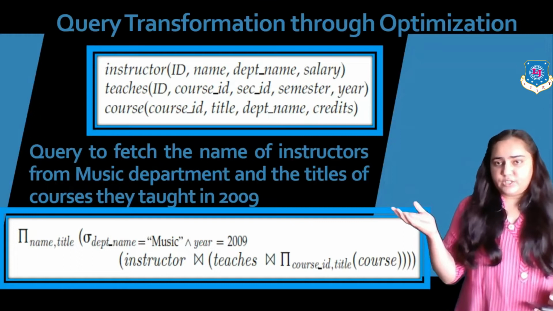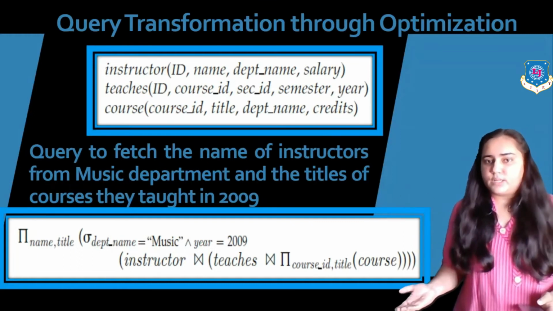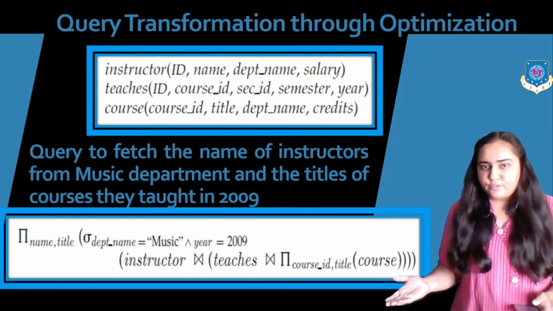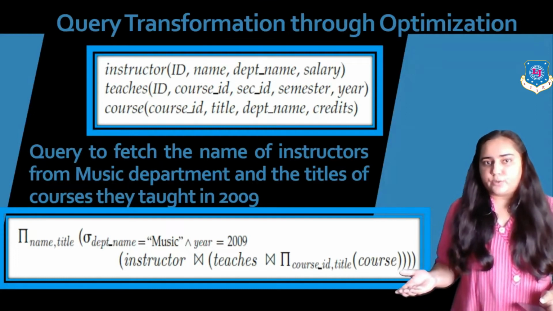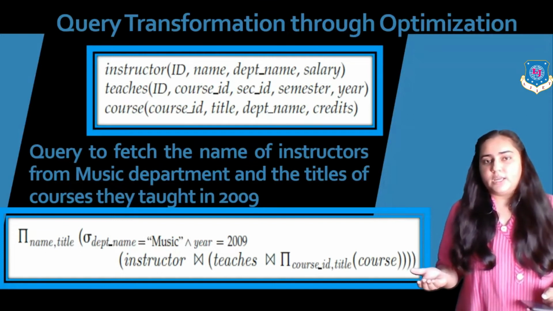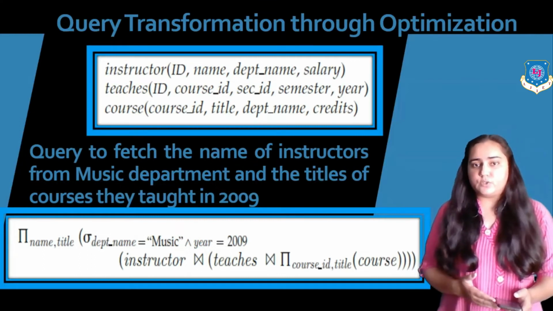Because my question says that I need to get the title of courses. So that's why I'm fetching the title column. And then I'm also fetching the course ID column because I want to perform a natural join with teachers. And the only column that is common between course and teachers is course ID. So I have to take course ID to perform the natural join.